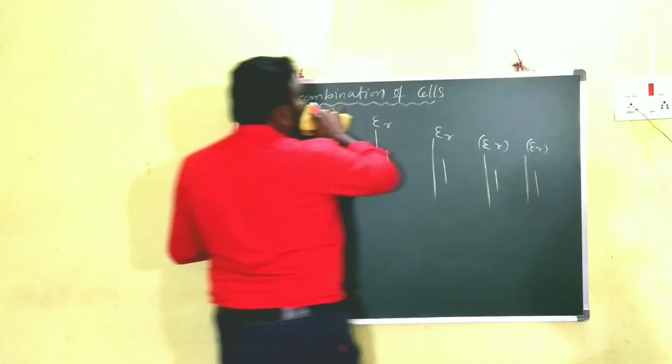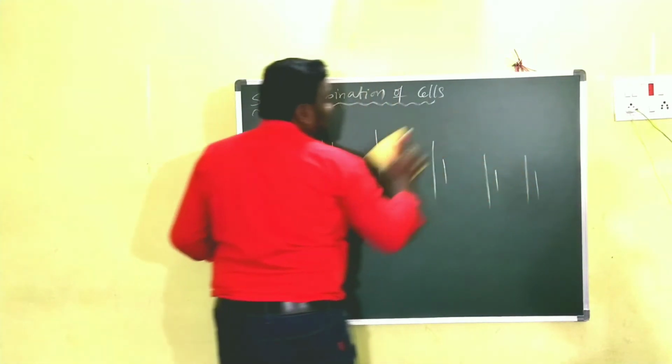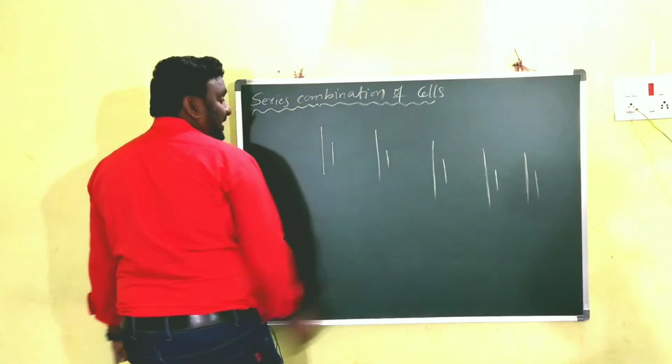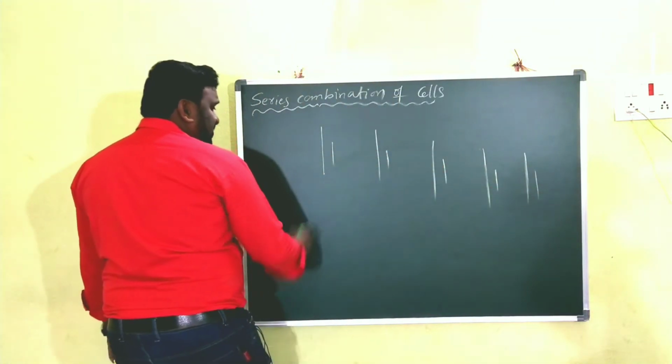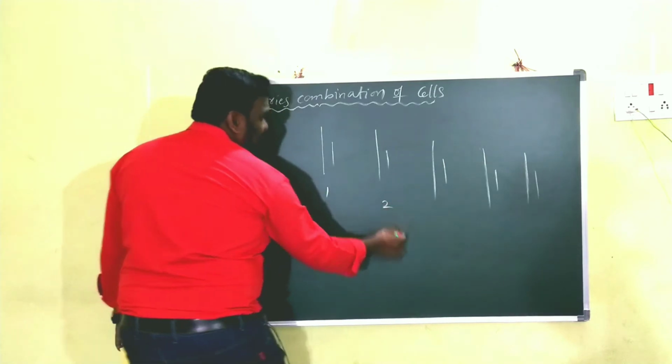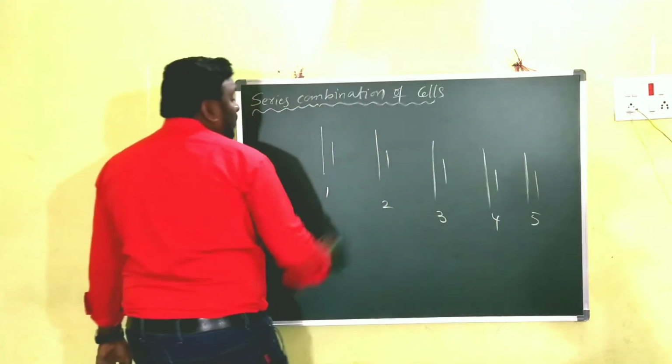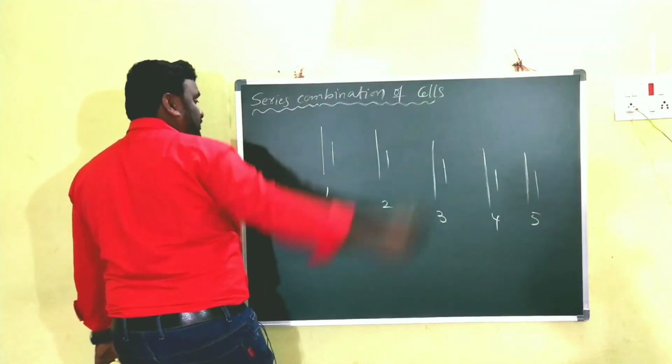First, all the given cells are arranged in a row. This is the first cell, second cell, third cell, fourth cell, and fifth cell. If you have n number of cells, then the nth cell.